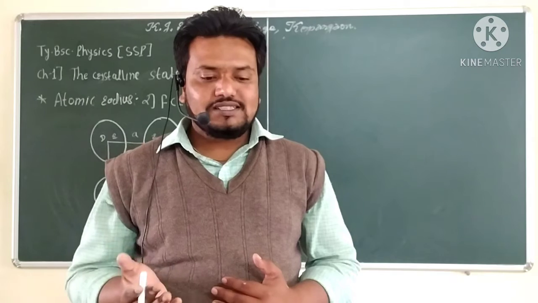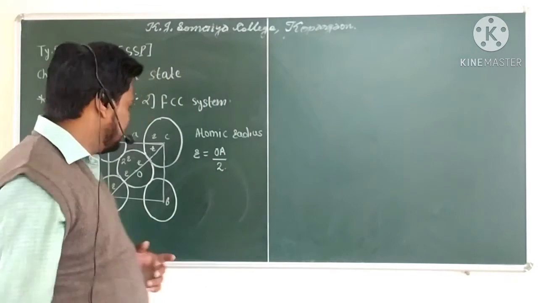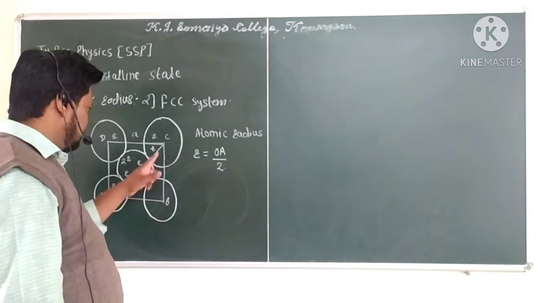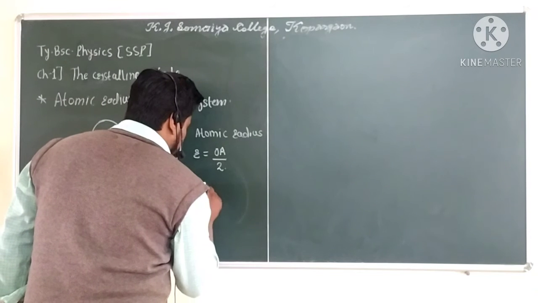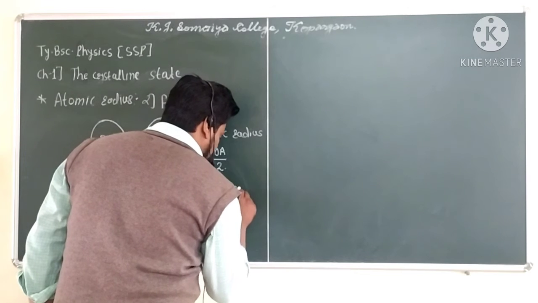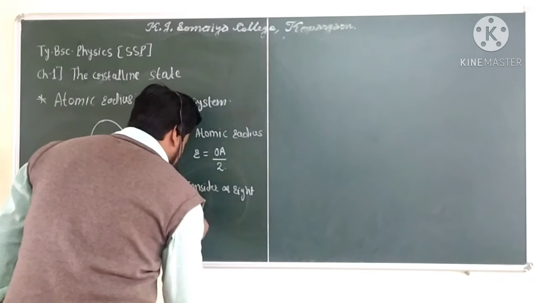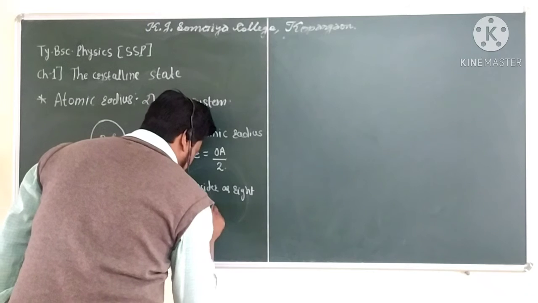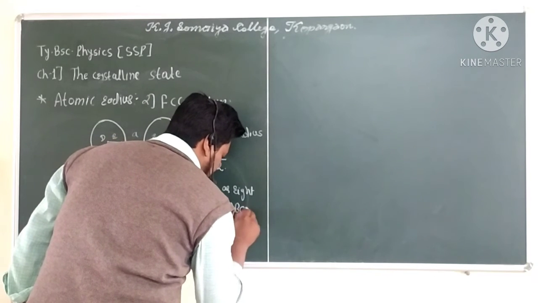Now consider the right angle triangle ABC.